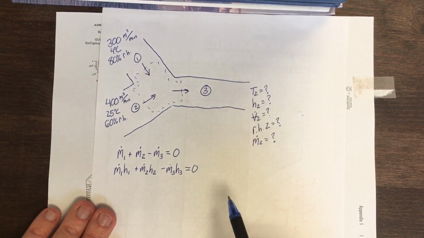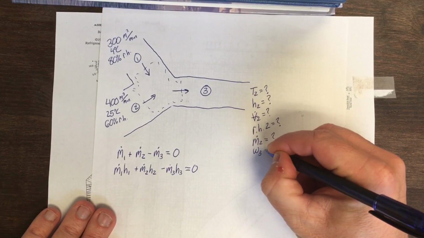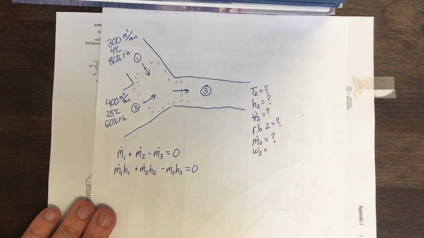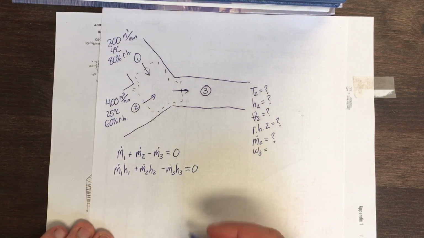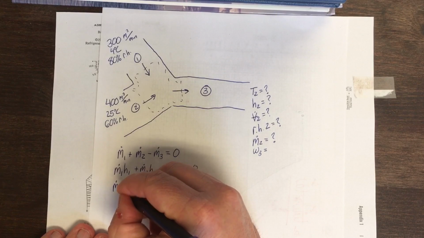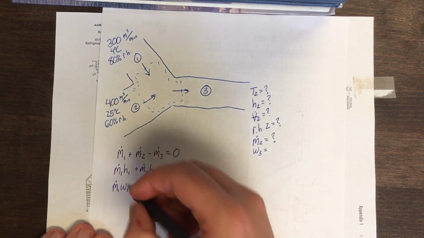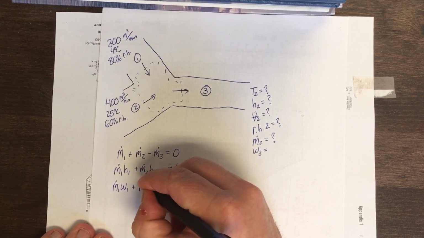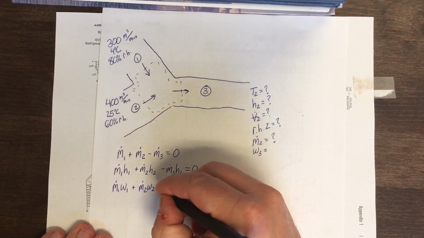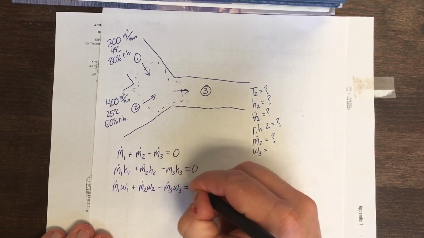So then we'll have one thing that defines state 3. From the state postulate, we need another one. Our other thing that we can get at 3, I didn't ask it as a question, but we can get humidity ratio 3 because the conservation of mass of water also applies. So the flow rate of water entering at 1, the flow rate of air times the fraction of that which is moisture, plus the moisture that enters at 2, minus the moisture that leaves at 3, must balance.